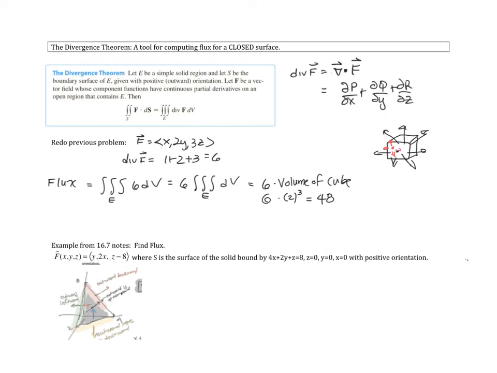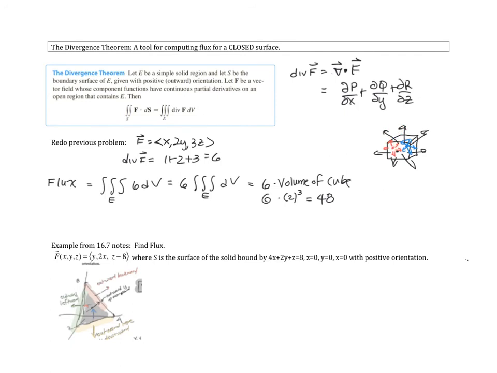Is it going out of each point or into each point? So you could kind of see that if we took all those individual divergences and added them up, it would be related to the total flow in and out of that surface.